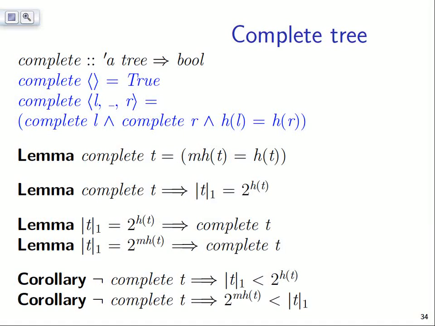But if the tree is not complete, then the number of leaves is strictly smaller than 2 to the minimum height.